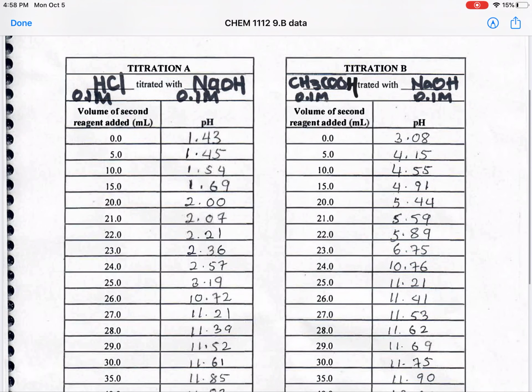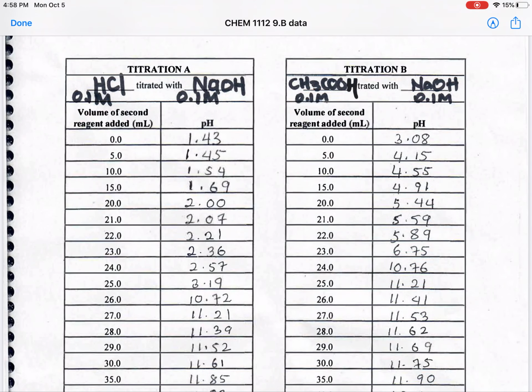Okay. Similarly, we are performing a titration between a weak acid and a strong base. So the weak acid we are using here is acetic acid. We keep the weak acid in the flask. Again, you can see weak acid acidity is less than a strong acid.